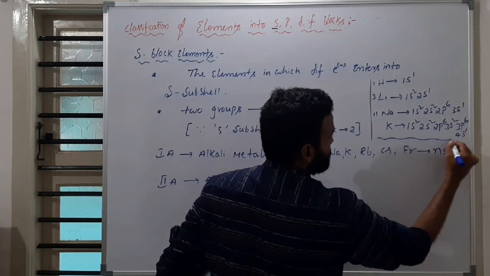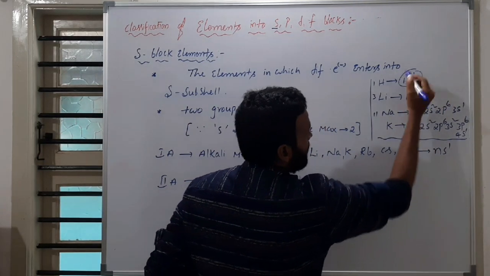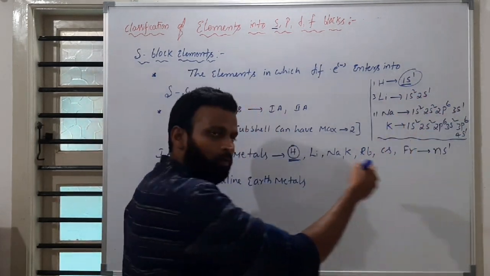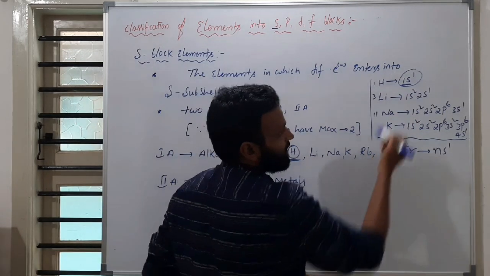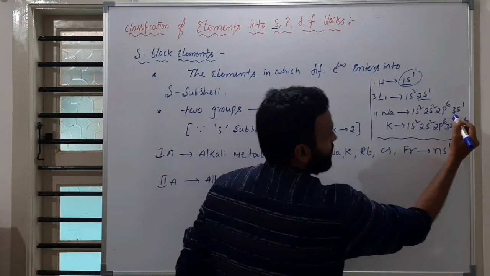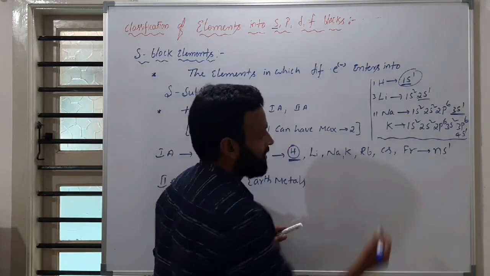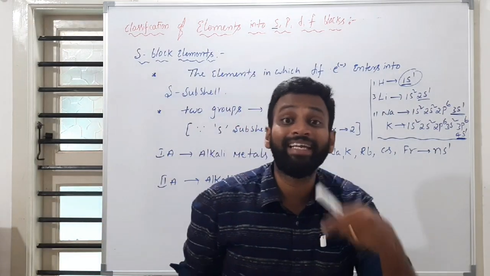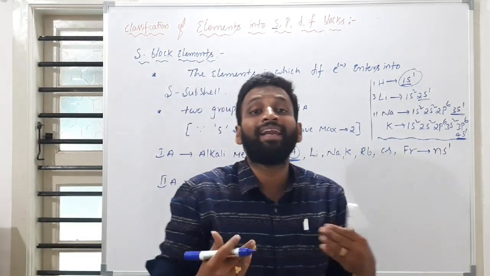That means in all these configurations, the valency shell means the last shell. For hydrogen only one shell you have, so 1s1. For lithium the last shell means 2s. For sodium, the last shell means 3s. For potassium, the last means 4s. The highest n value, I told you, that is the valency shell.